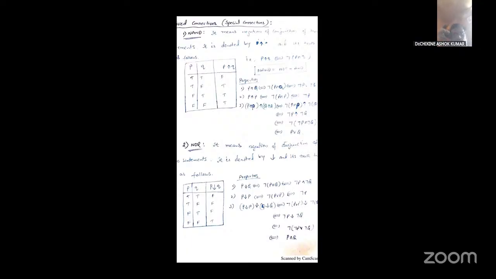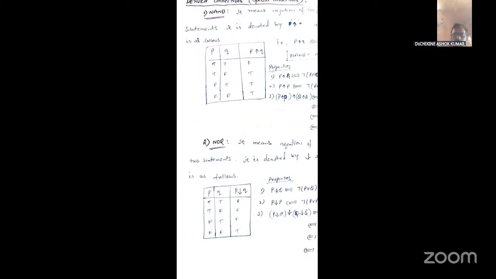So here P and Q are TT, TF, FT, FF. Then P NOR Q, when both are T, should be false. If any one is false, then it will go to true. Both are false, it goes to true only.